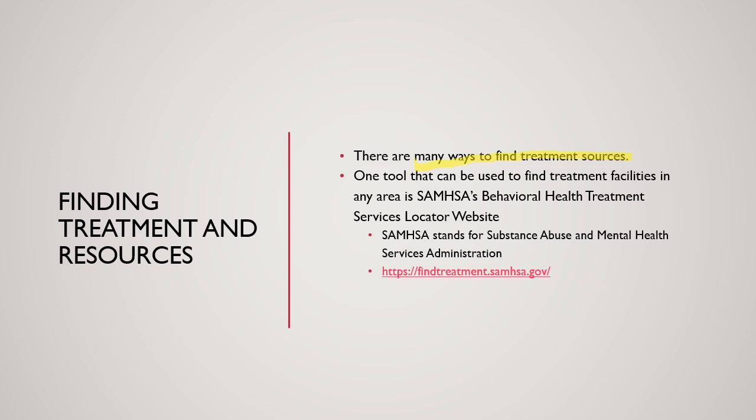This is the SAMHSA Behavioral Health Treatment Services Locator website, which is kind of a mouthful, but that's okay. SAMHSA stands for Substance Abuse and Mental Health Services Administration. So this website here, findtreatment.samhsa.gov, that's the address for the actual services locator tool.